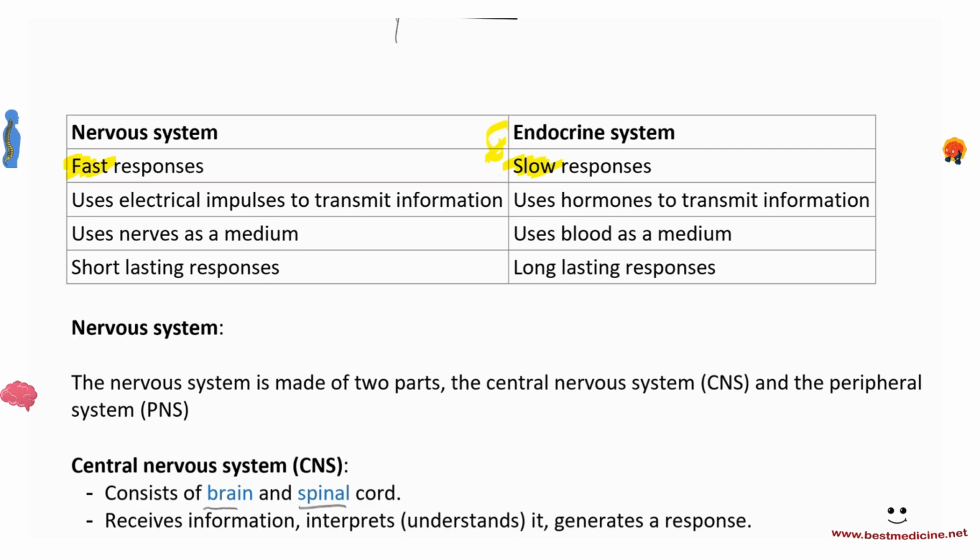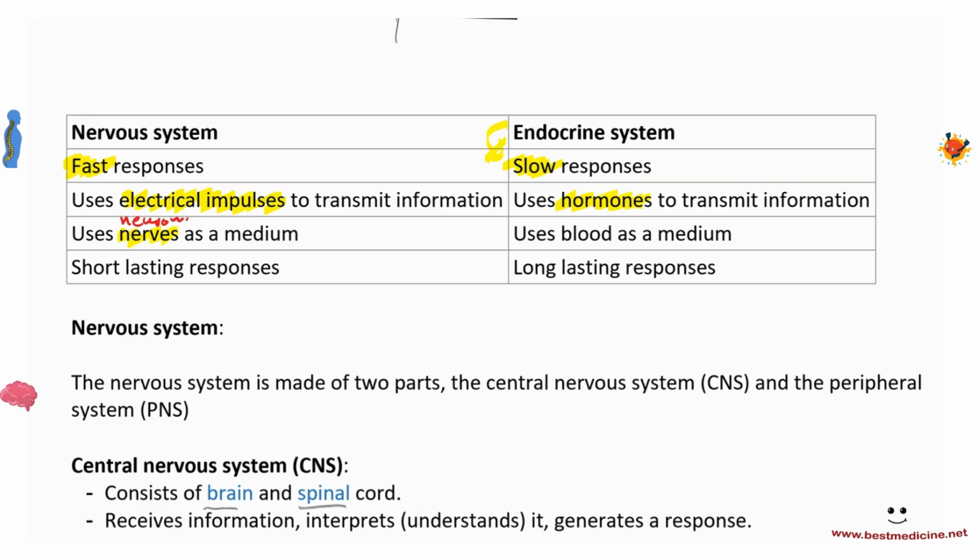The nervous system uses electrical impulses to transmit information, while the endocrine system uses hormones to transmit information. The nervous system uses nerves, or you could also say neurons, as a medium.